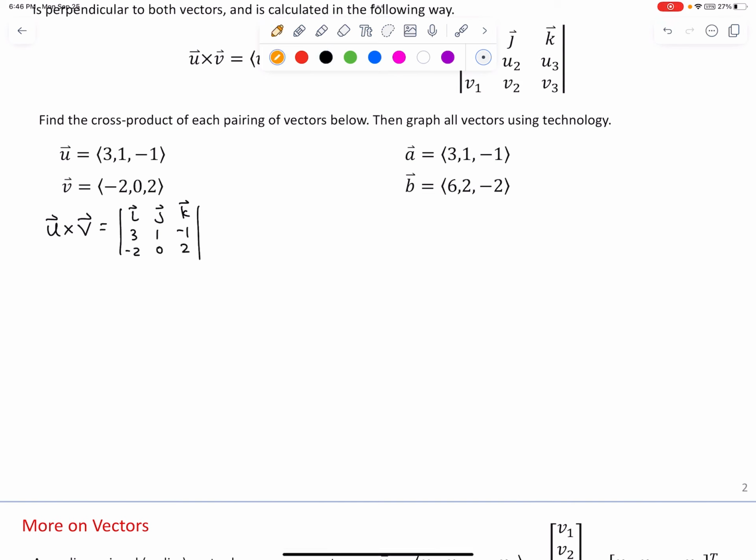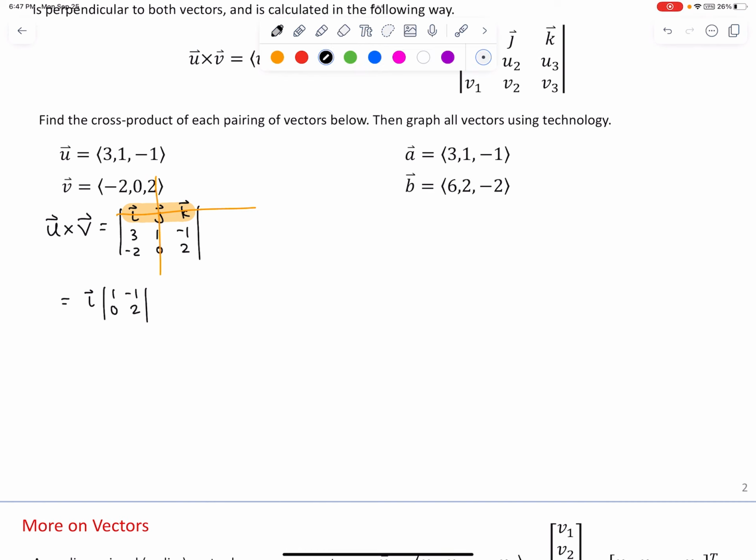Now to calculate this determinant, I'm going to do cofactor expansion along the first row. So we'll target the i first. That i is in a positive position with regards to the matrix of signs. So we have a positive vector i times the 2 by 2 determinant of the submatrix that's not currently crossed out. So 1, negative 1, 0, 2. And then we move our targeting to the j vector.